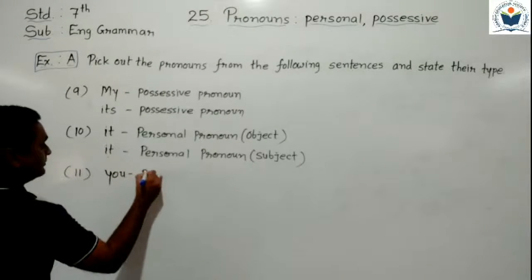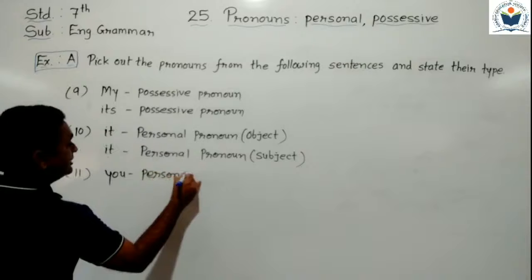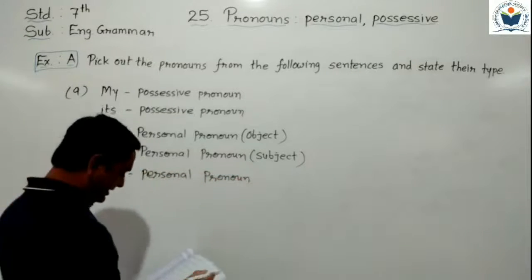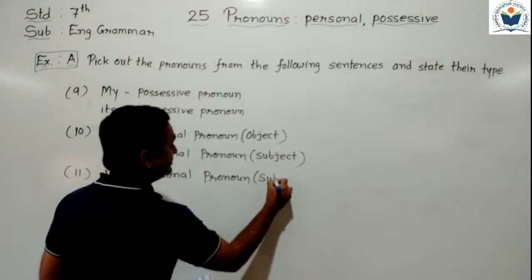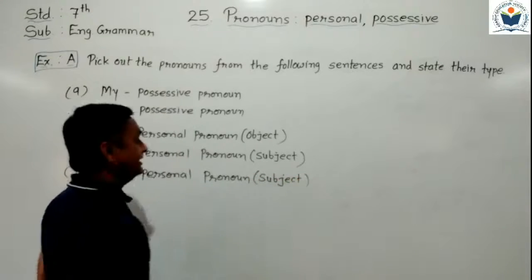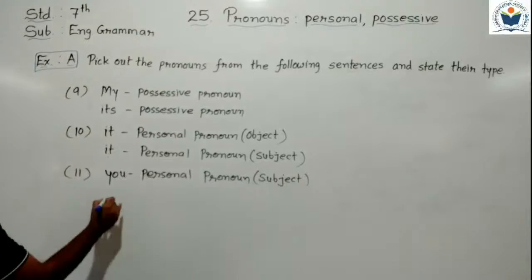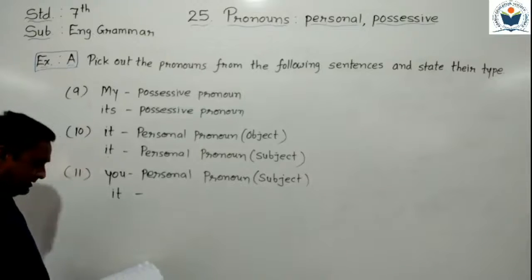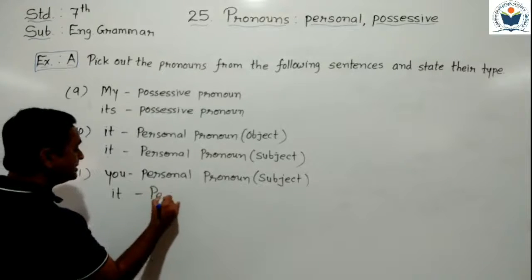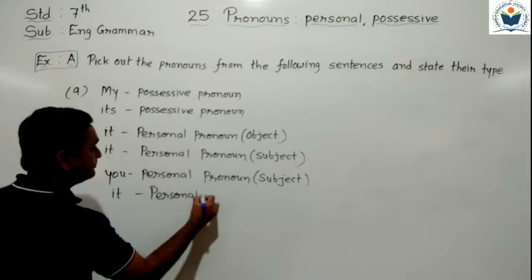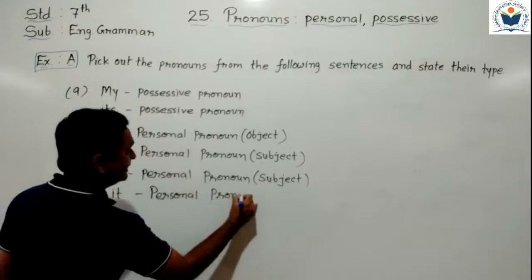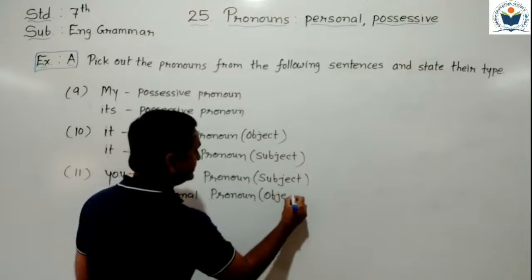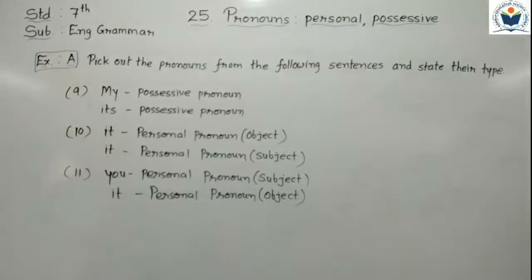It is a personal pronoun, and it is used as a subject here. Second one is it. It is also a pronoun. And which type of pronoun? It is also personal pronoun, and it is used as an object here.